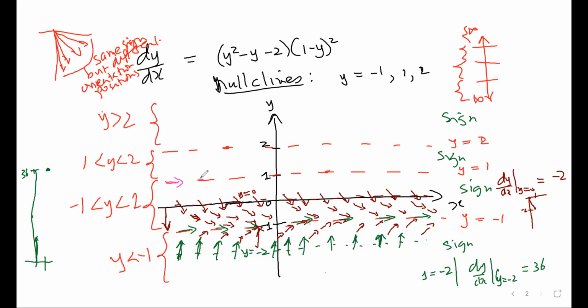And we know that on this nullcline, we're supposed to have an orientation of a 0 slope. So if you start your solution here, you cannot go to the nullcline y equals 1 because the slope is negative. So you're most likely going to go in this direction.